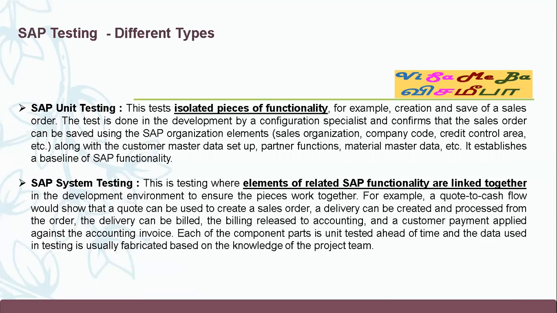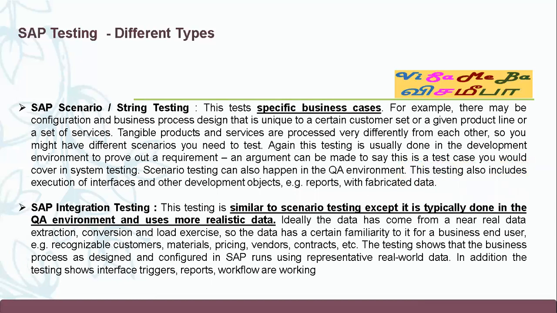SAP system testing is the testing where elements of related SAP functionality are linked together and tested. For example, the whole function of code to cash flow is tested as a whole, not in bits and pieces. SAP scenario or string testing is to test specific business cases which are identified.